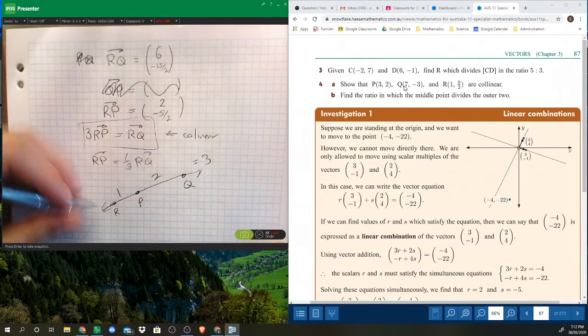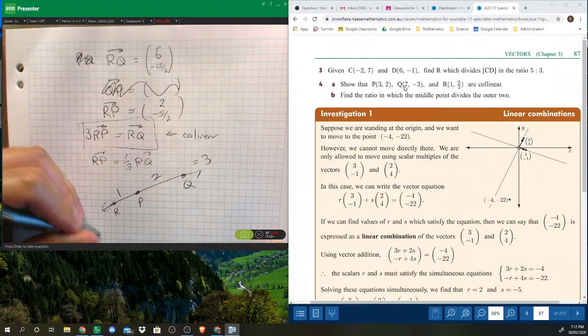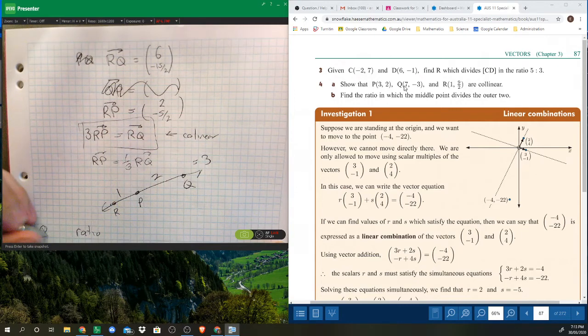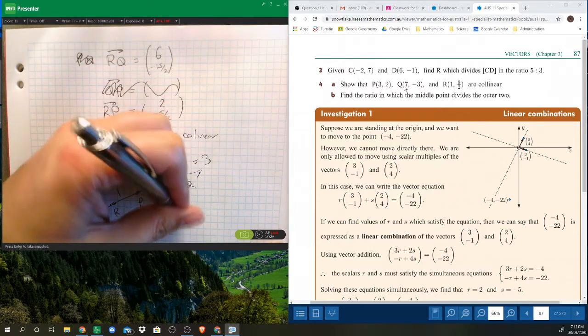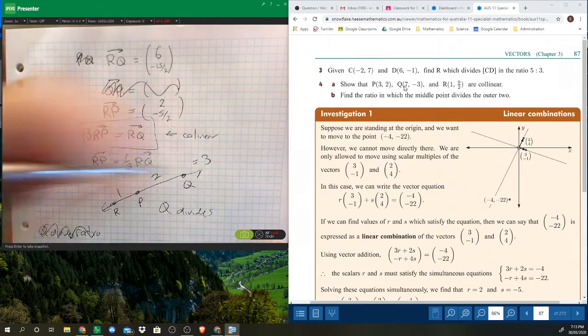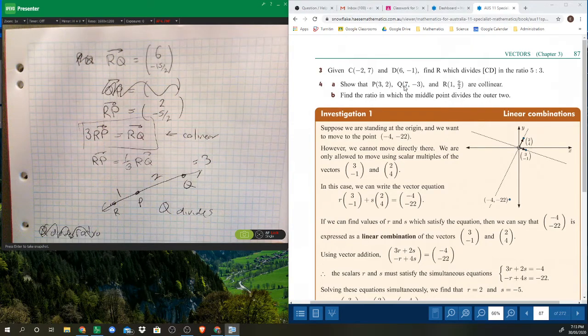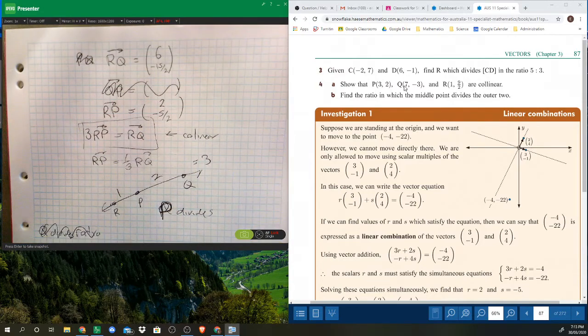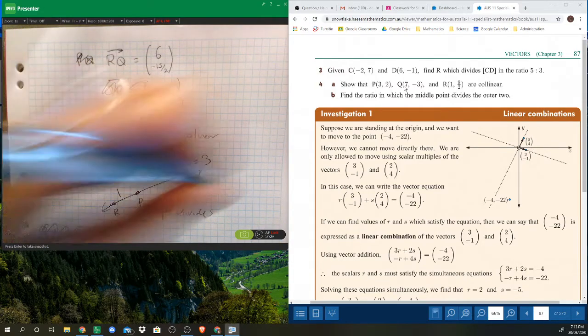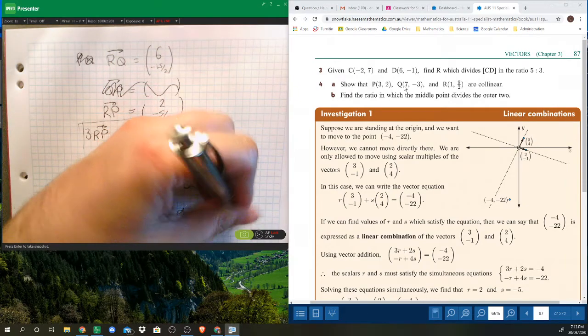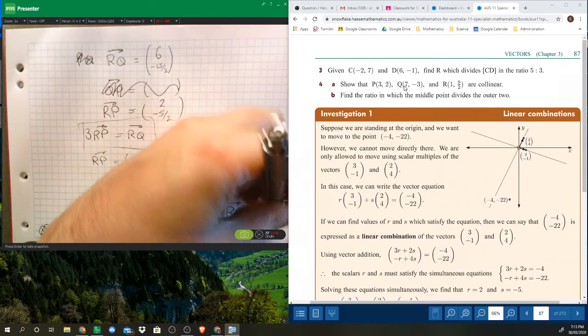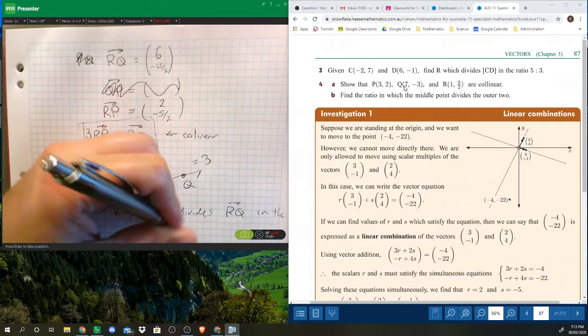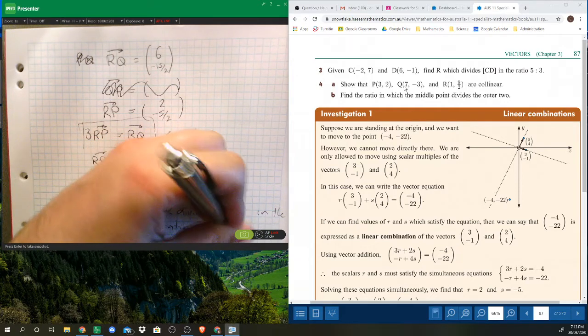So thereby the ratio, I should say, P divides RQ in the ratio of 1 to 2.